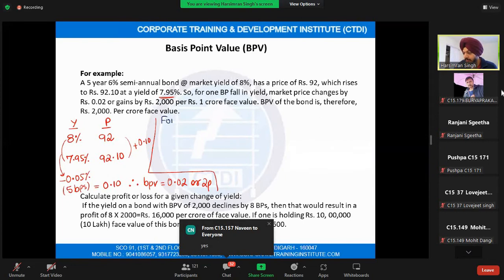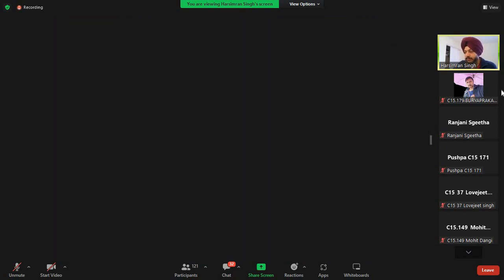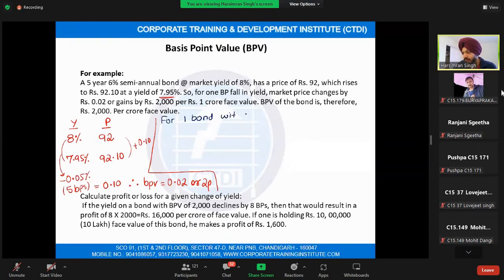Now, can I say that for one bond with a face value of rupees 100, the price goes up by 2 paisa?